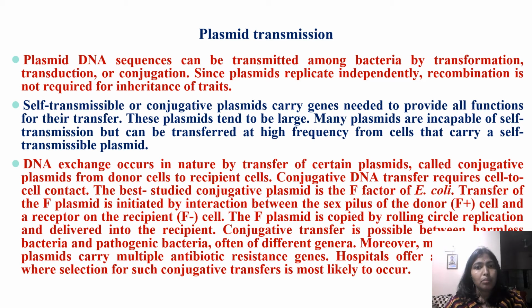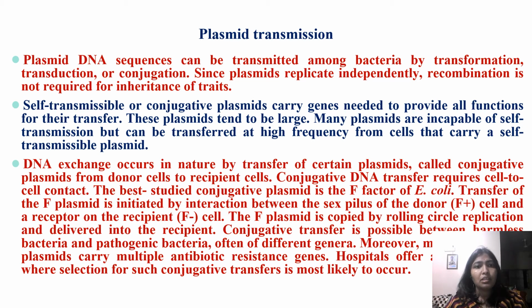Since plasmids replicate independently, recombination is not required for inheritance of the trait. Self-transferable, or conjugative, plasmids carry genes needed to provide all functions for their transfer, so these plasmids tend to be large. Many plasmids are incapable of self-transmission but can be transferred at high frequency from cells that carry self-transferable plasmids.